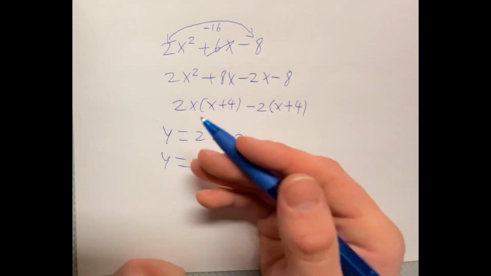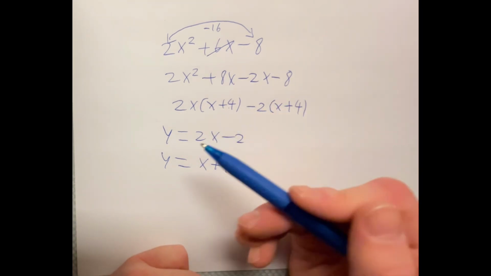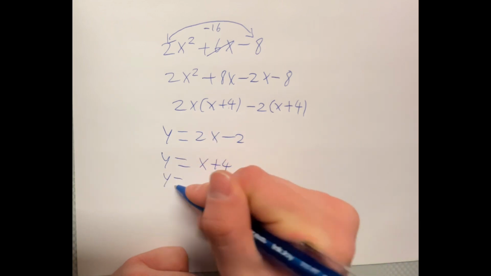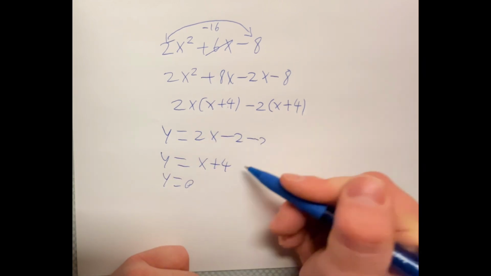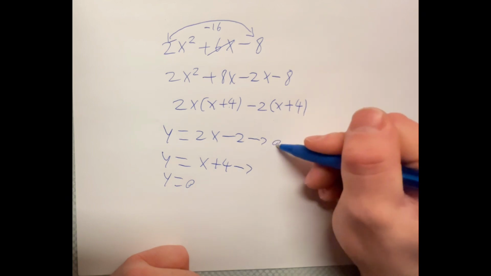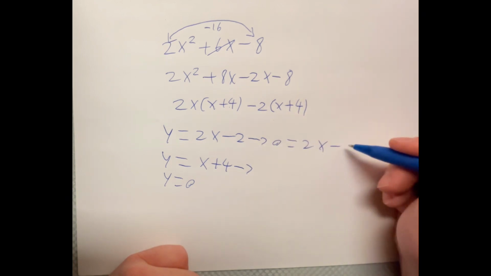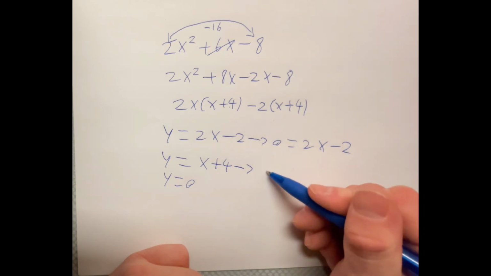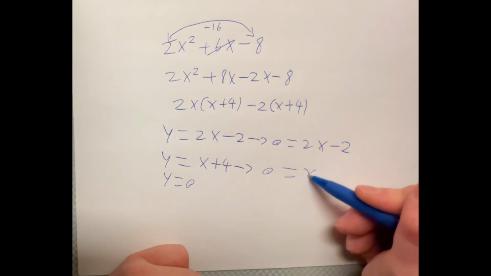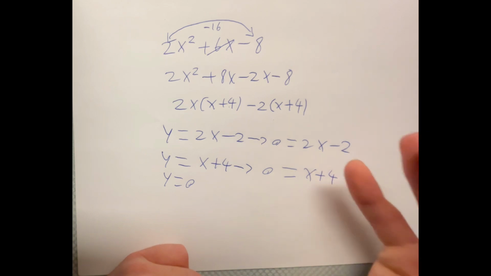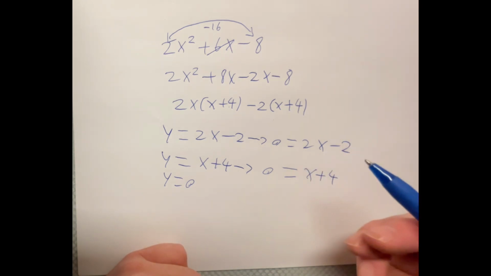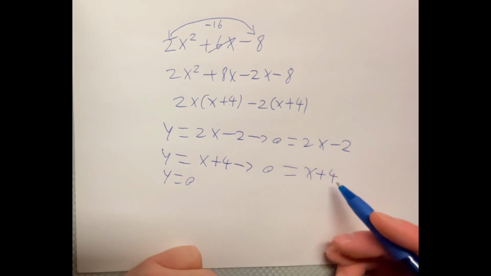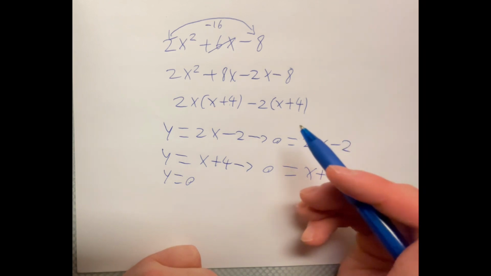Now we want to find our x-intercepts, so we're going to set y to 0. So if you bring these over, it would be 0 equals 2x minus 2. We can bring this one over, and we're going to have 0 equals x plus 4. Now to solve for x, which will be our x-intercepts, we bring our negative 2 over.